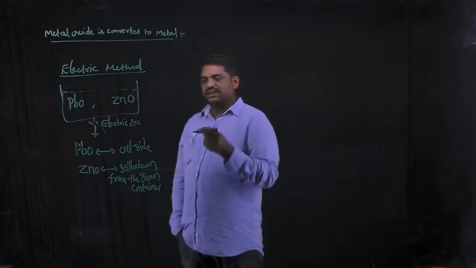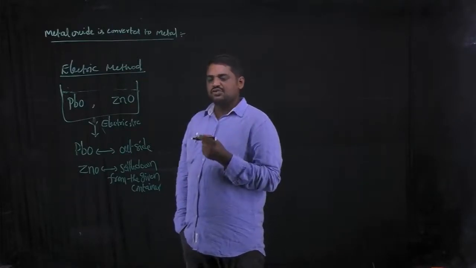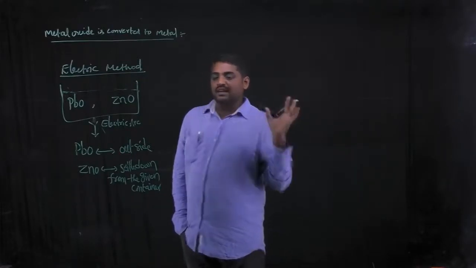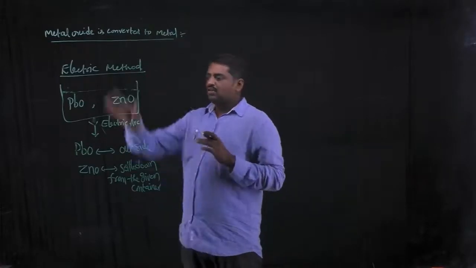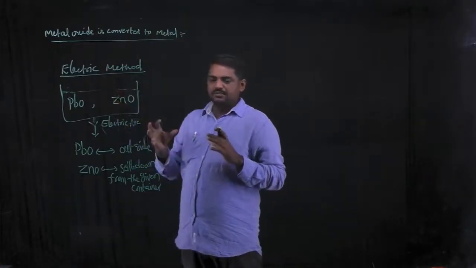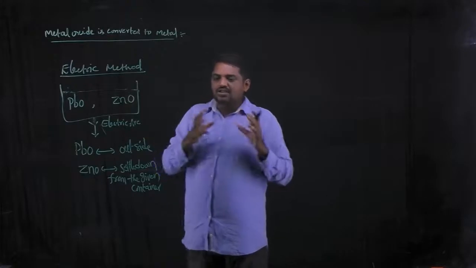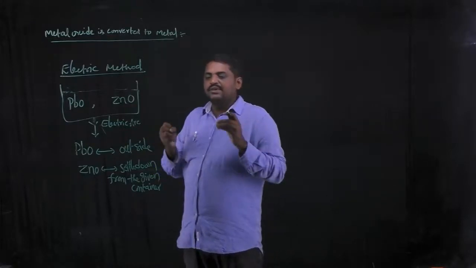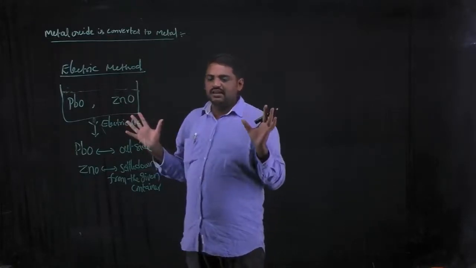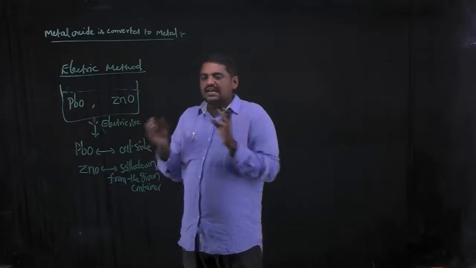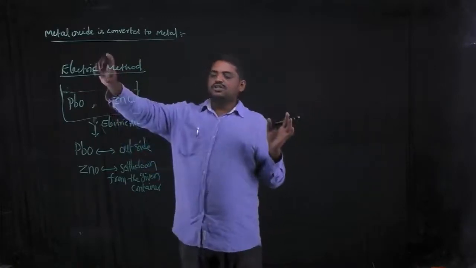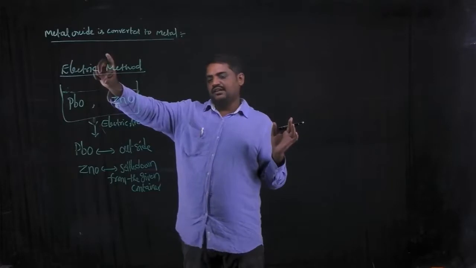First advantage is this method is used to separate two metal oxides. So this container contains lead oxide and zinc oxide, both mixed with one another, but these two metal oxides are separated by using this method, the electric method.